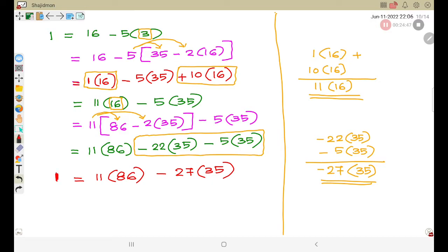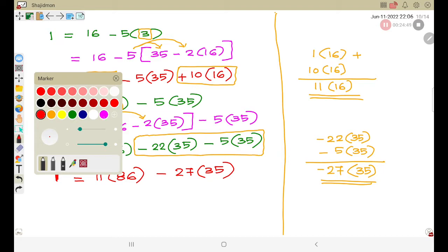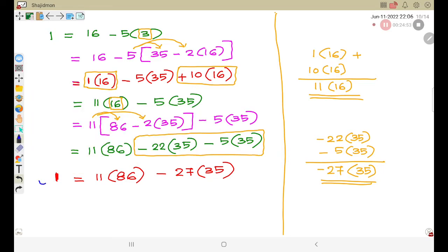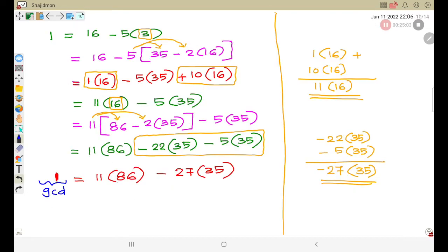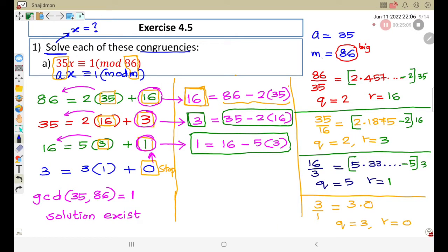We started from number 1, so we changed all the numbers now. This one number we are calling the GCD number, because here we got GCD as 1. 1 changed, 3 changed, 16 changed now. Now this 86 number and 35 number: what is the 86 number actually? 86 means the M number.